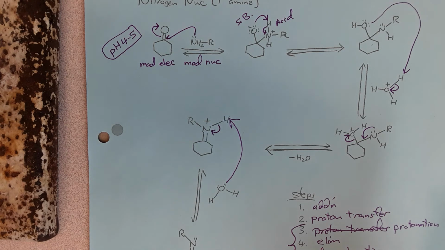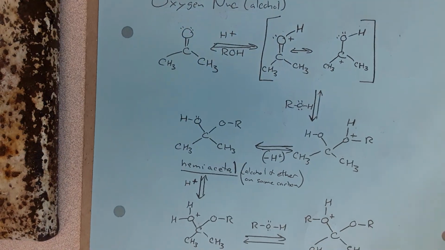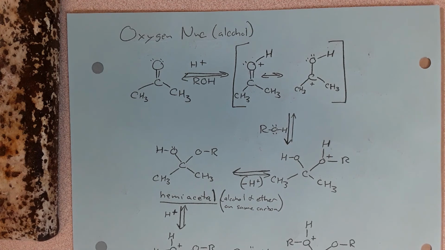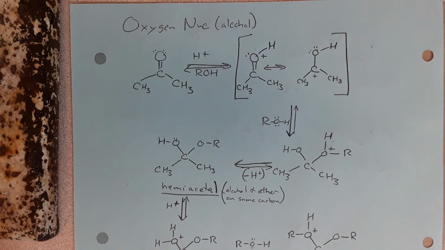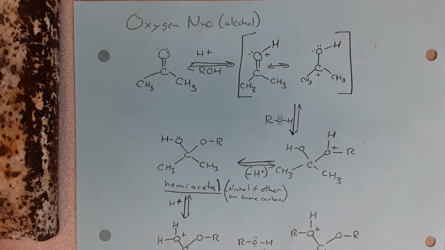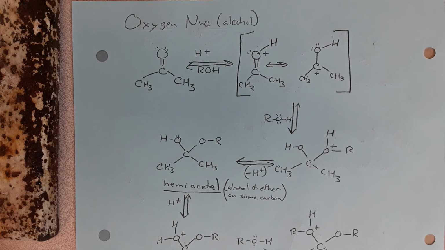Okay, so the third mechanism that we're going to work through is going to be the oxygen nucleophile on the back of this blue sheet. And before we start the next video, you can list from the pink sheet all the bonds that are going to be broken and all the bonds that are formed in this reaction, and we will work through this.